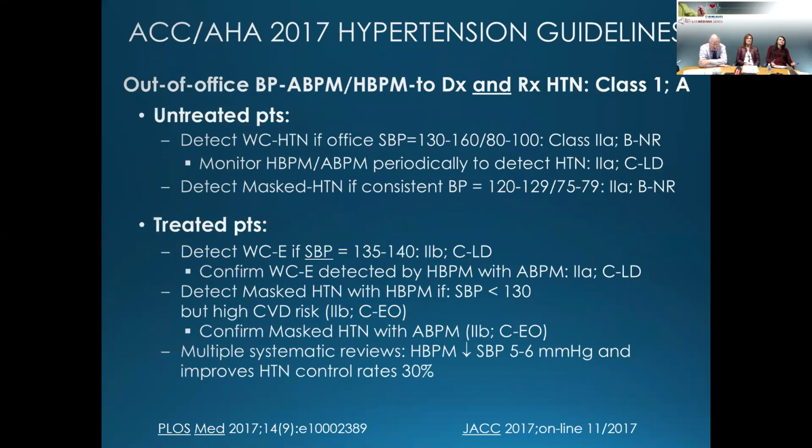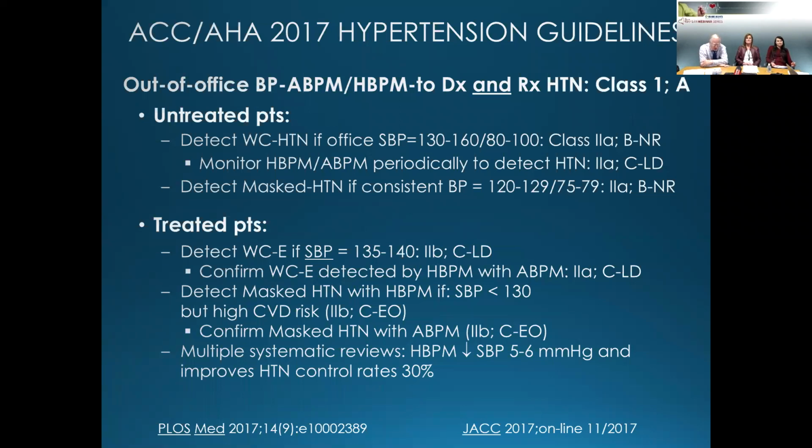Similar to other recent guidelines, the ACC/AHA guideline emphasizes that out-of-office blood pressure measurement with either 24-hour ambulatory blood pressure monitoring, considered the gold standard, or with home blood pressure monitoring, if 24-hour monitoring is not available, is necessary and mandatory to accurately diagnose hypertension and rule out white coat hypertension.